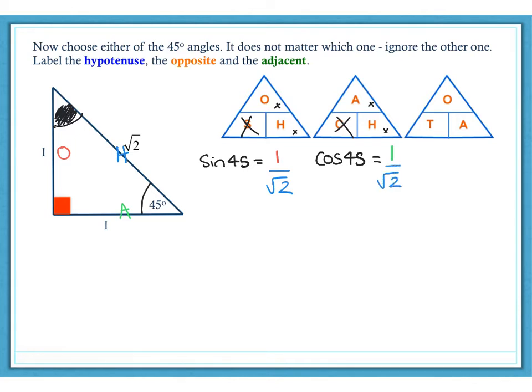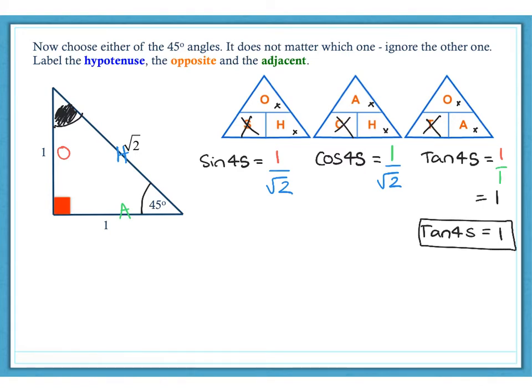The same value, so the sine of 45 and the cosine of 45 both have the same value, 1 over root 2. This leaves us with the tan of 45, which is equal to the opposite divided by the adjacent, which is 1 over 1, which of course just simplifies down to 1. So the tan of 45 has an exact value of 1.